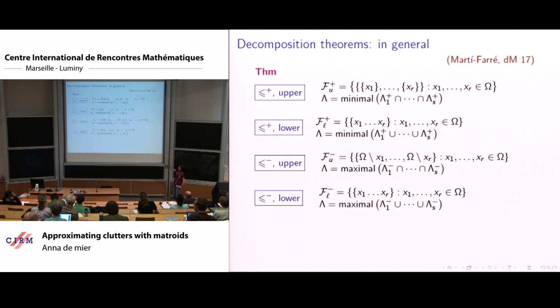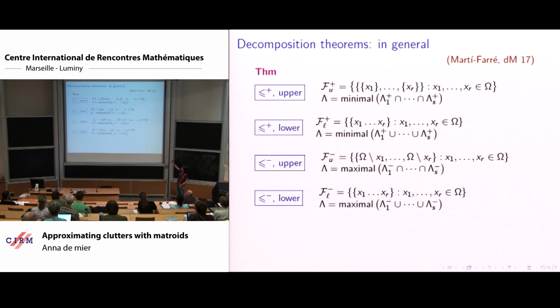What we end up having is, for each combination of order and side, this family F, plus upper or plus lower, whatever it is, such that if sigma contains this family, then there are some elements in the target class sigma that are the closest ones, and I can recover my clutter from those.